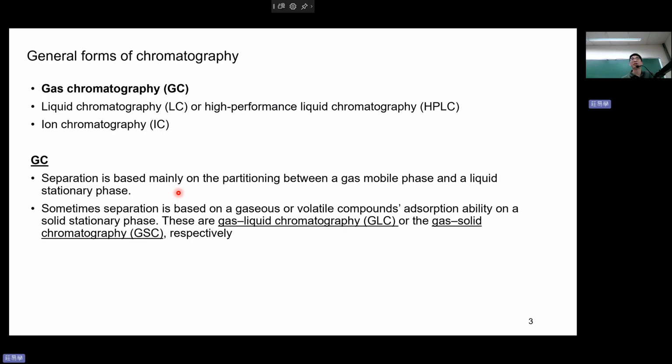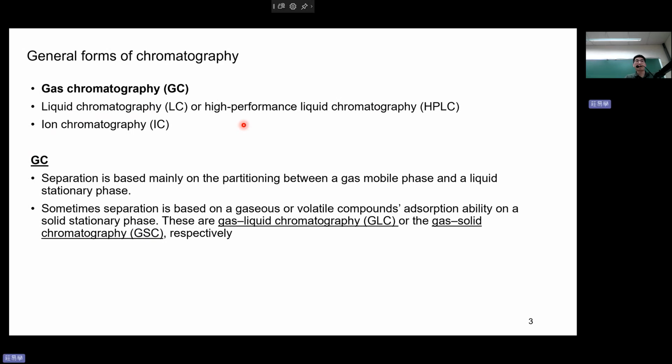For example, carbonate and chloride are examples of anions. Ammonium, sodium, and potassium are examples of cations, right? And as you may see later in these chapters, the configuration for ion chromatography is pretty similar to what we have in liquid chromatography. So generally speaking, it's a special case of liquid chromatography.